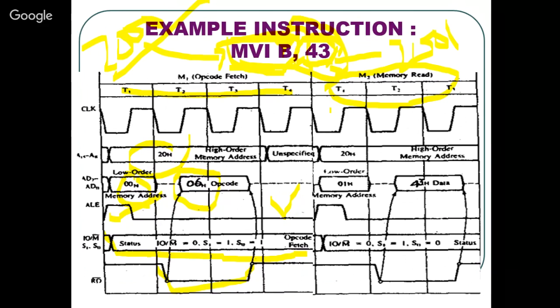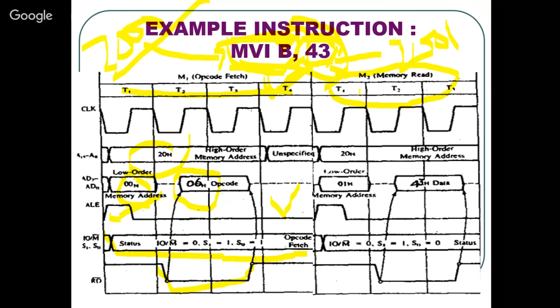It is better to note them as T1, T2, T3, because it will help you to draw the diagram more properly. The opcode fetch machine cycle takes 4 time states, and the subsequent machine cycle of any instruction will always take only 3 time states, because T4 is only for the opcode fetch. In the subsequent machine cycle, the microprocessor doesn't need to decode any data. The decode or opcode phase is done only in the first machine cycle.